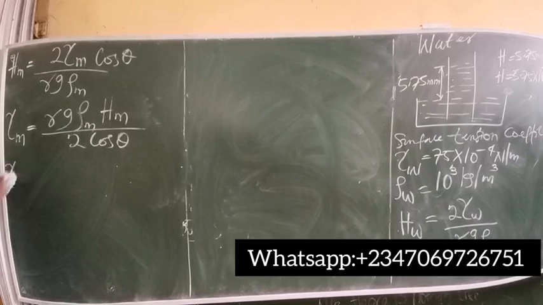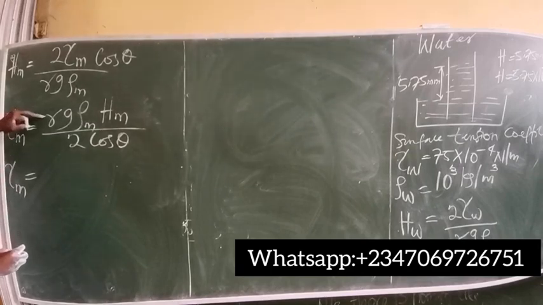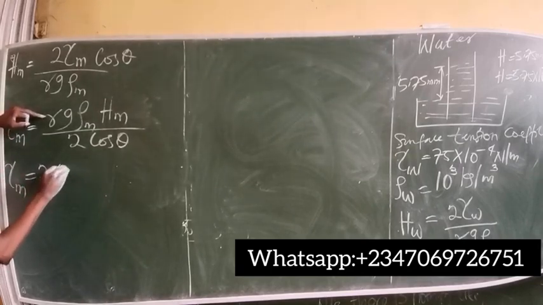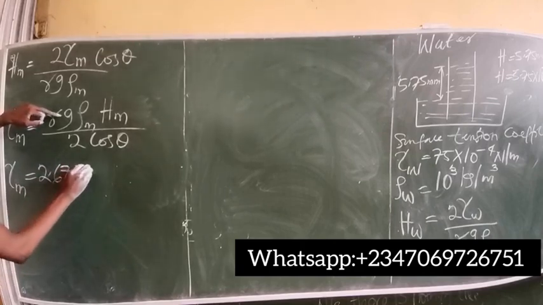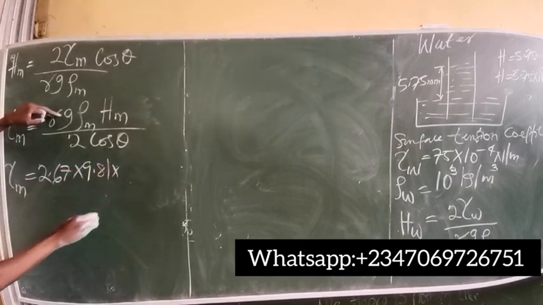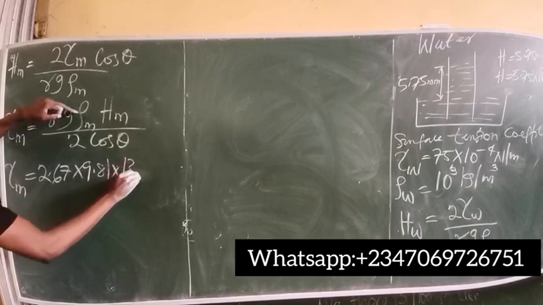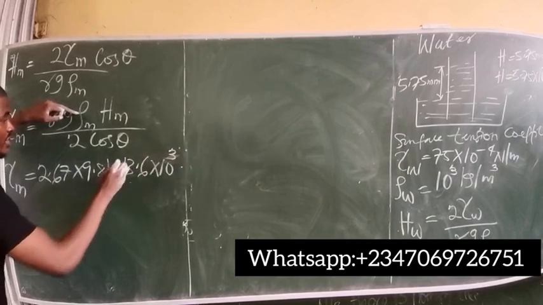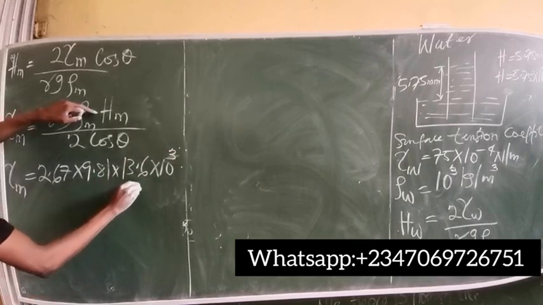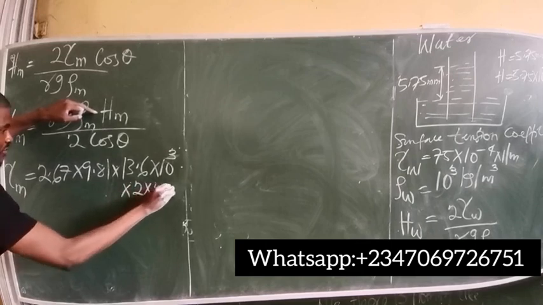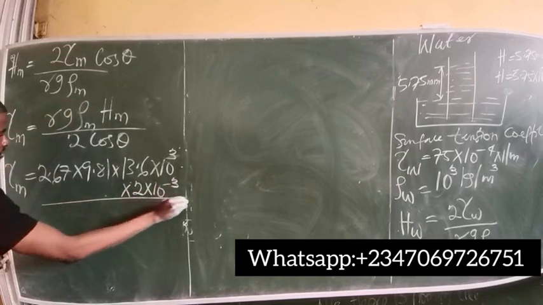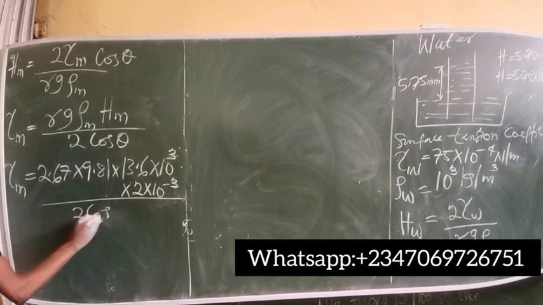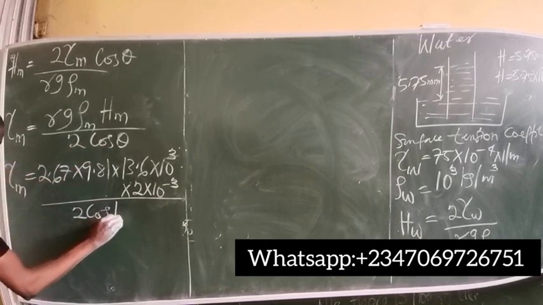So this simply means that the coefficient of surface tension in mercury is now equal to the radius, given as 2.67, multiplied by gravity, the constant 9.81, multiplied by the density of mercury, given as 13.6 by 10 to the power of 3, times the height of mercury, given as 2 by 10 to the power of minus 3, all over 2 cos of the angle of contact, which was given as 130.